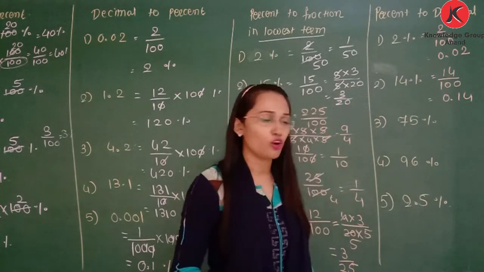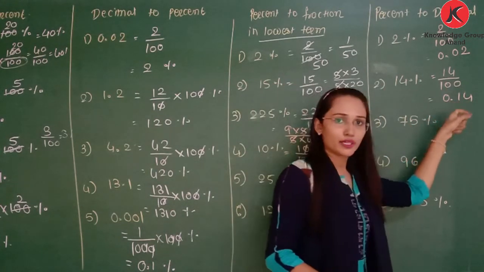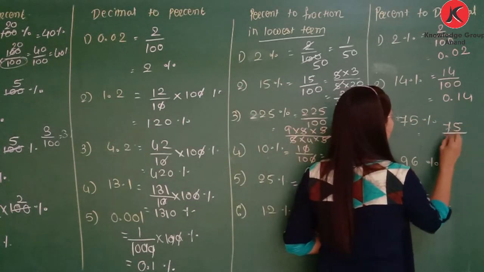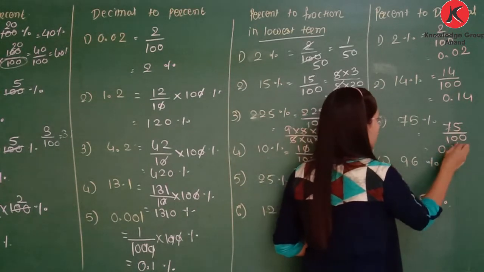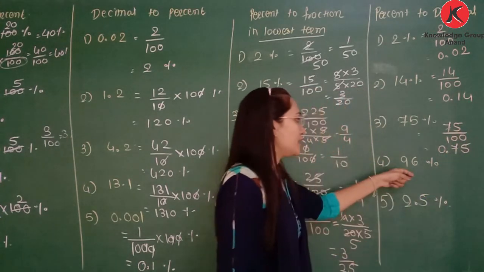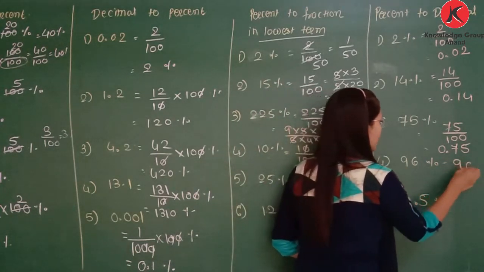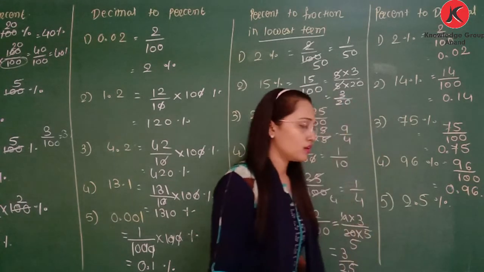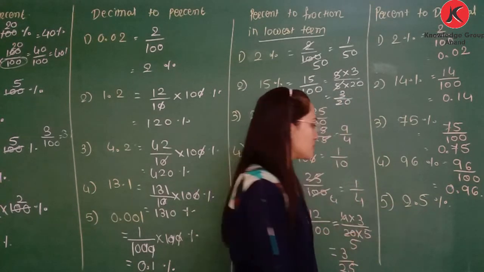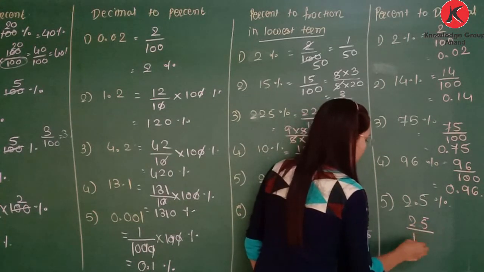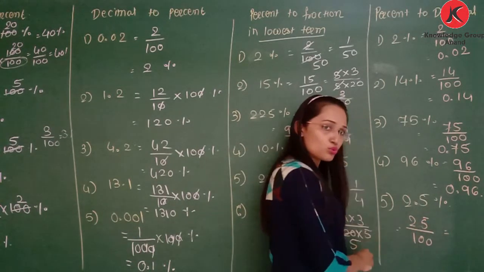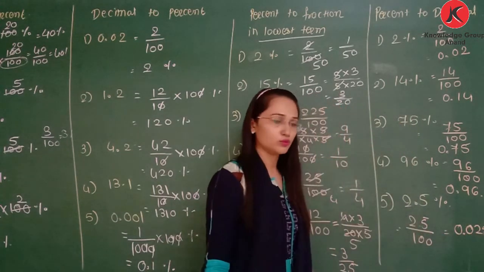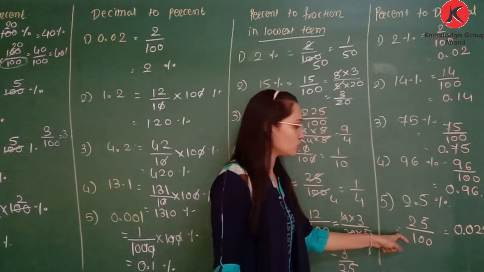When there is 100 in the denominator, we need to place the decimal point 2 digits from the left. 75% means 75 by 100, so it is 0.75. 96% is 96 by 100, so as a decimal it is 0.96. 2.5% is 2.5 by 100. So move the decimal point 2 steps left, so it is 0.025 as a decimal. This way you can convert percentage to decimal.